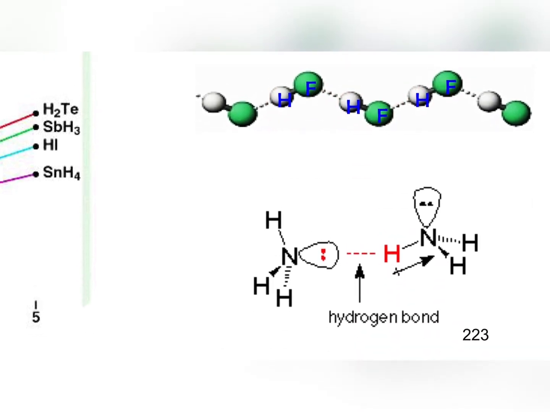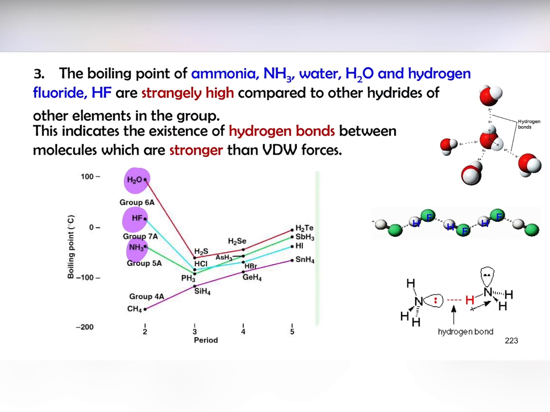So untuk NH3 pula, you can see here N buat hydrogen bond with hydrogen from another molecule, and you can see here this hydrogen bonded to nitrogen. So syarat untuk buat hydrogen bond pass. Okay, so untuk all these 3 molecules, since dia boleh buat hydrogen bond, that is why the boiling point here is slightly higher compared to the other hydrides.